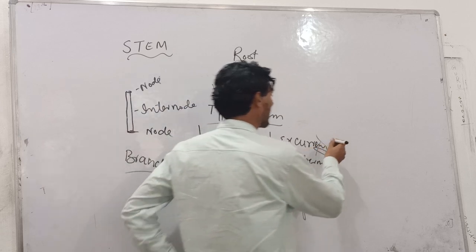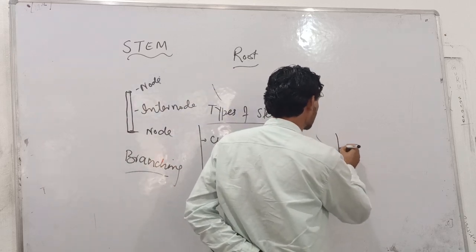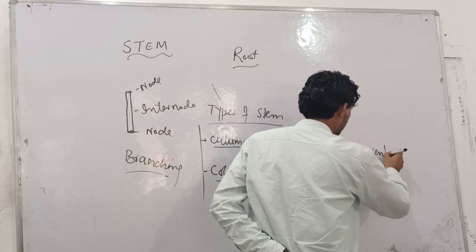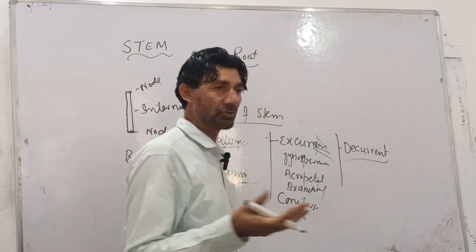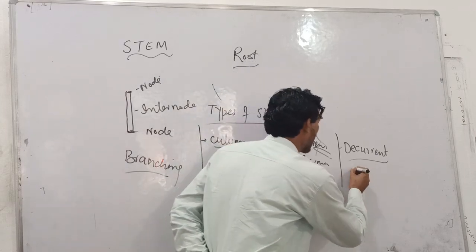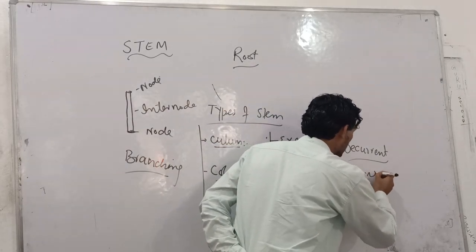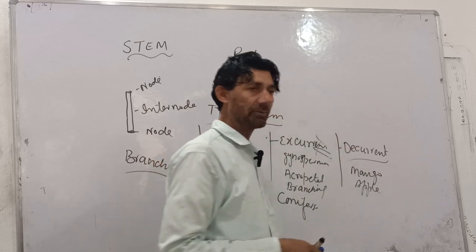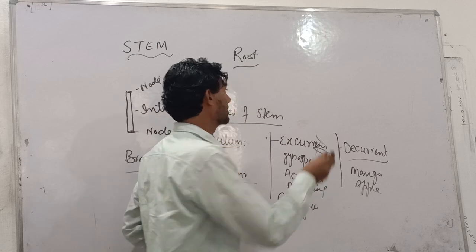The fourth type of stem is called decurrent. It is found in angiosperms, for example the apple tree and mango tree.